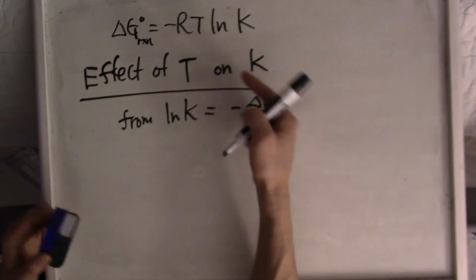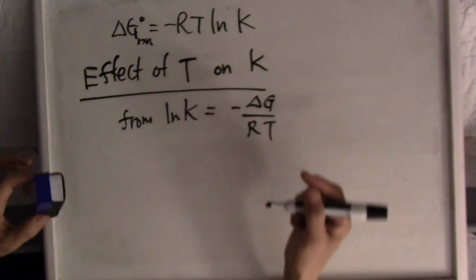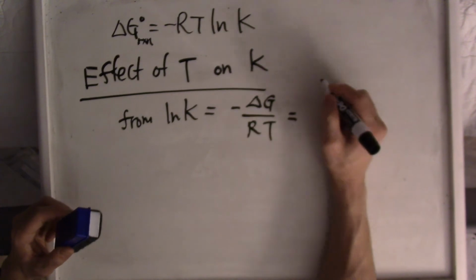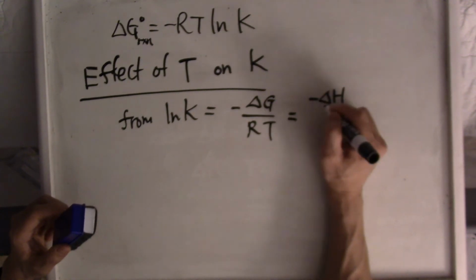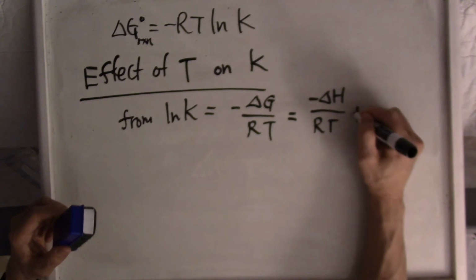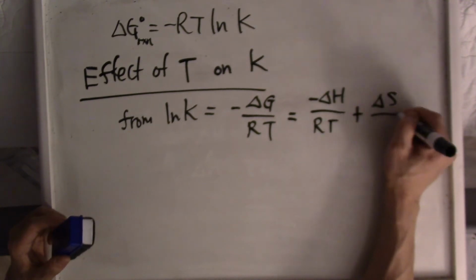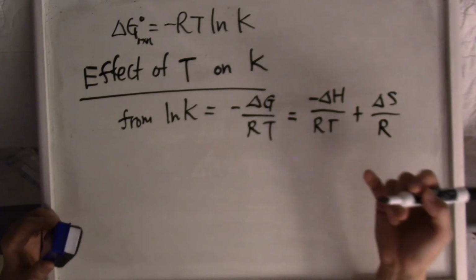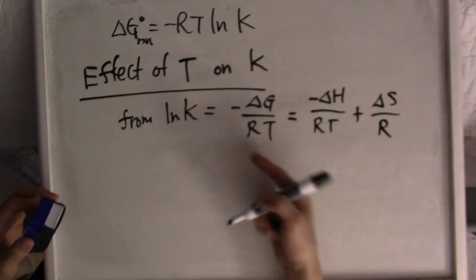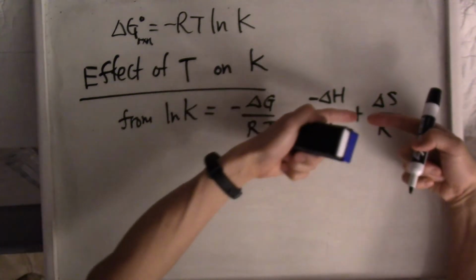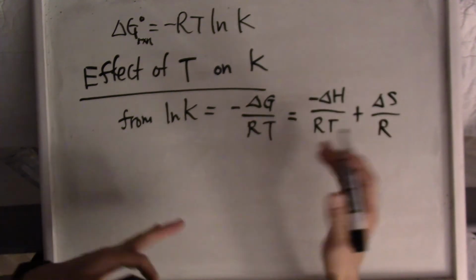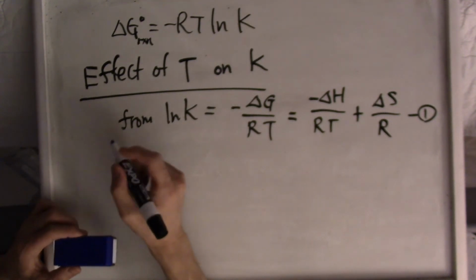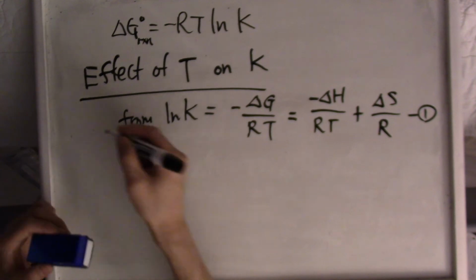Just rewrite this: natural log of K is equal to minus delta H over RT plus delta S over R. Of course delta G is delta H minus T delta S, but dividing by RT, the T cancels out, so I just separated the terms here. We're going to call this equation 1.